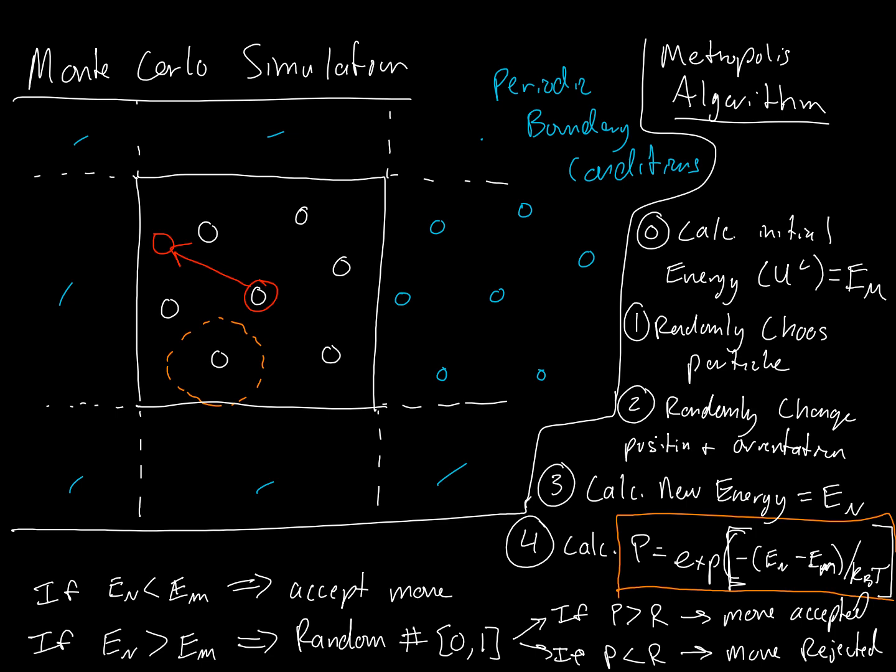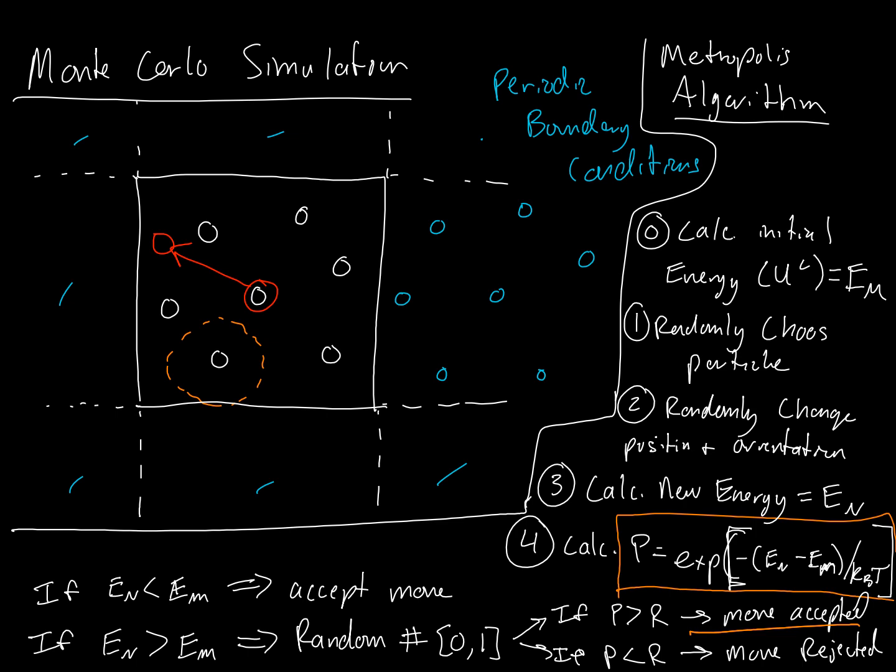So the likelihood that your random number will be smaller than that probability, which is necessary to have the move accepted, gets to be very, very small, unless you're at a really high temperature. So what this basically says is that we can accept higher energy moves as long as it fits into a Boltzmann sort of distribution function.